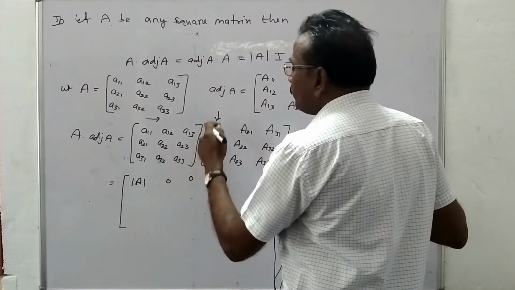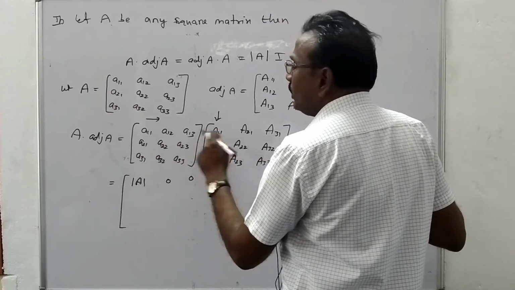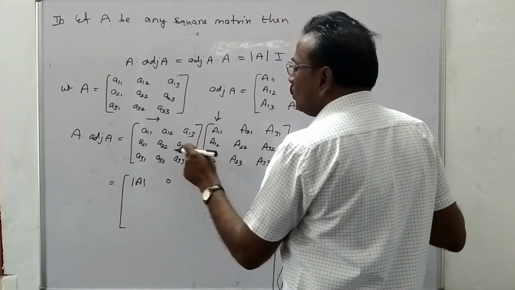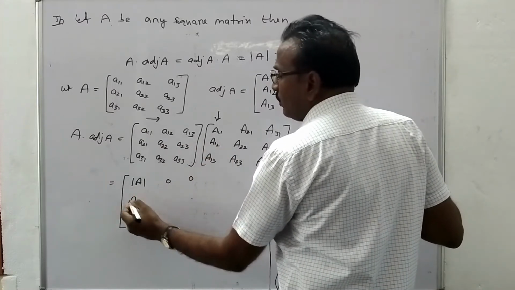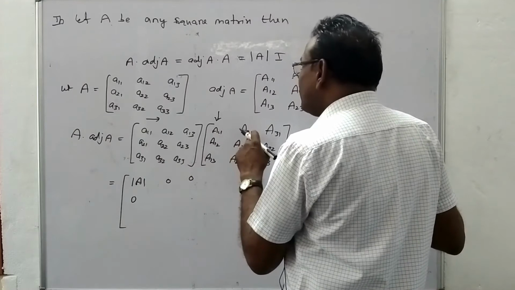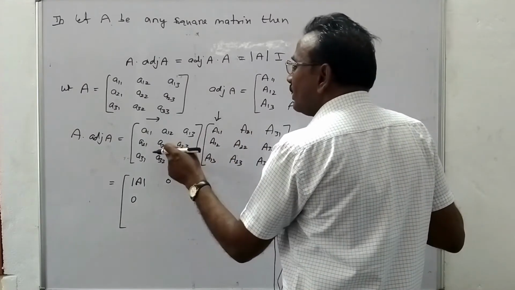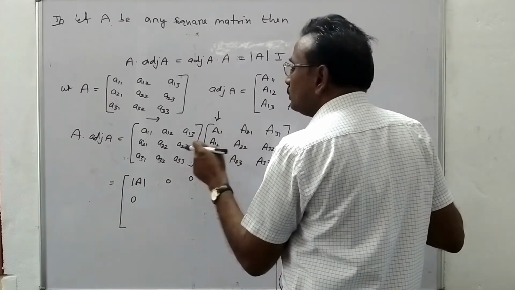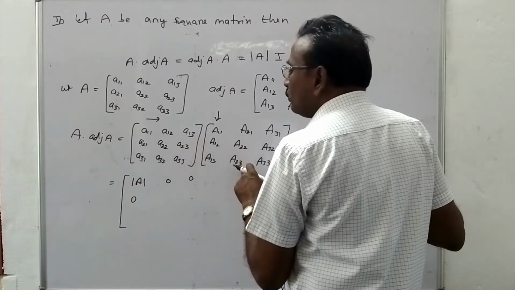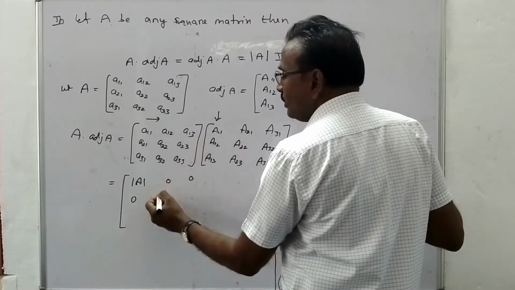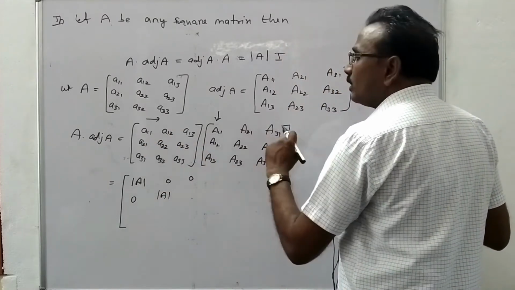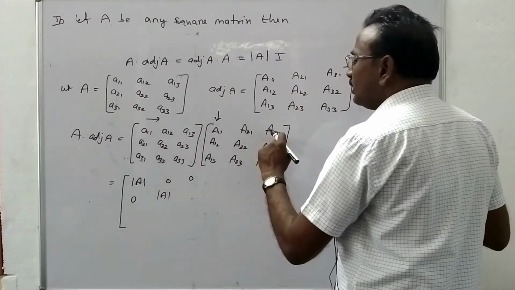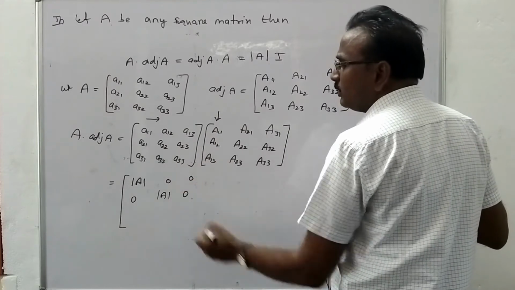Next, second row with first column: A21 capital A11 plus A22 capital A12 plus A23 capital A13. Suffixes are different, the value is 0. Next, A21 into capital A21 plus A22 into capital A22 plus A23 into capital A23. Here suffixes are the same, the value is determinant of A. And second row with third column, A21 into capital A31, suffixes are different, the value is 0.